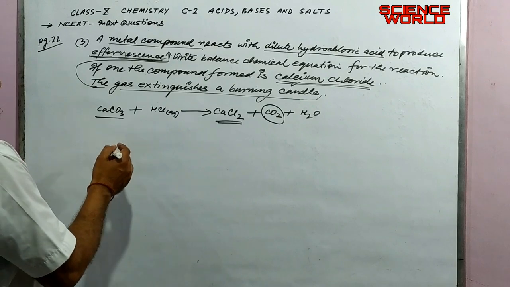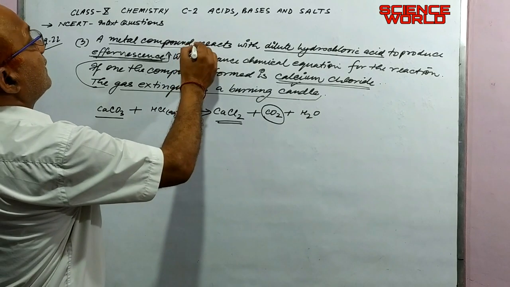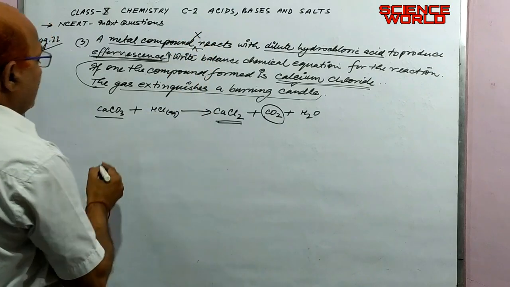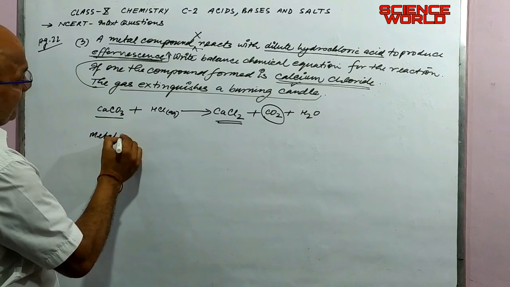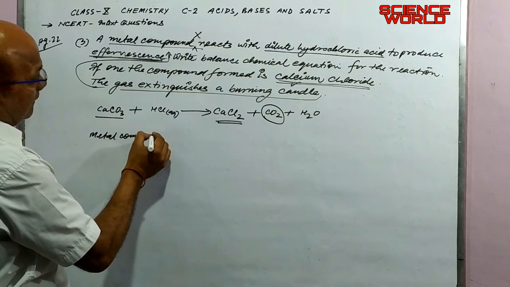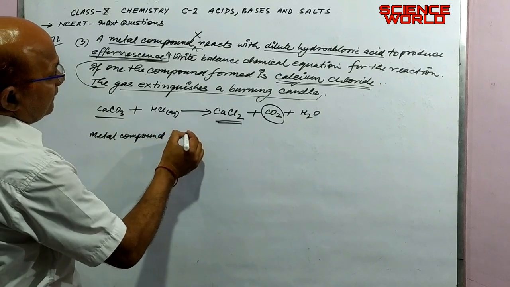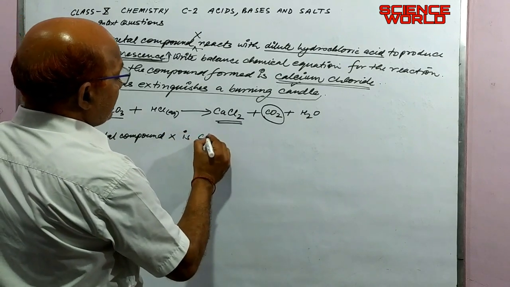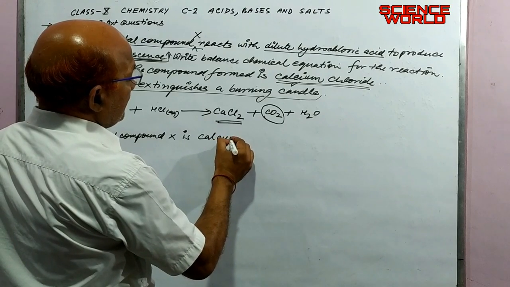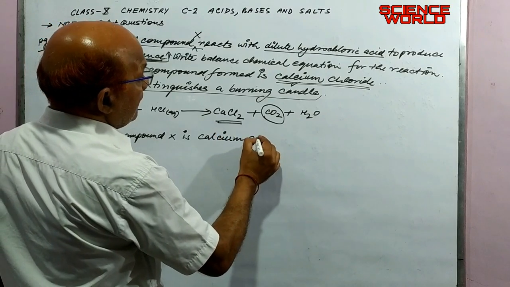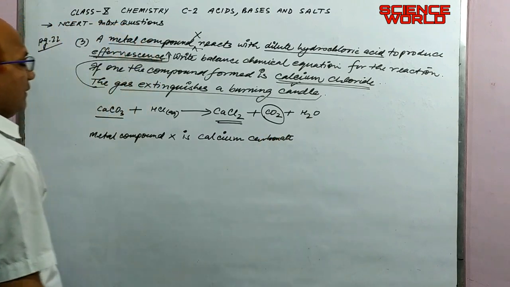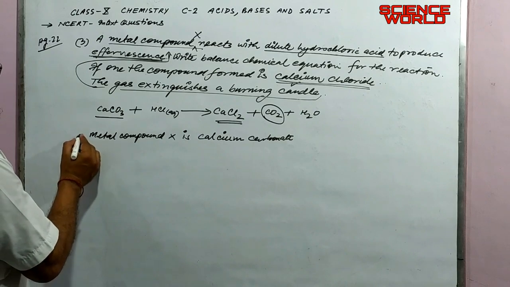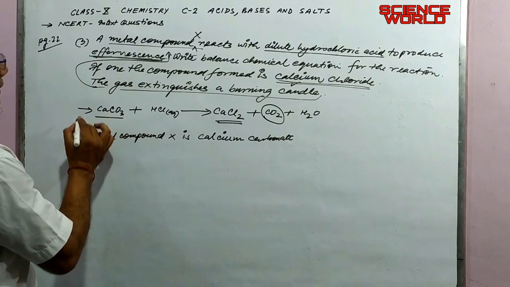So, metal compound X, the answer is, metal compound X is calcium carbonate, and it is the first part, and this is the chemical reaction.